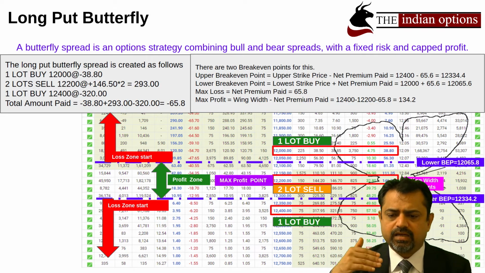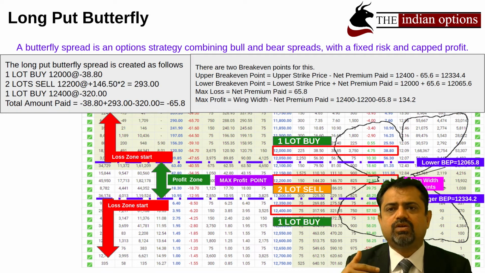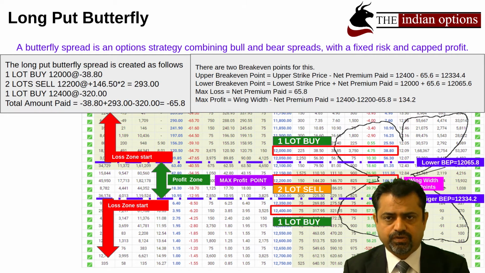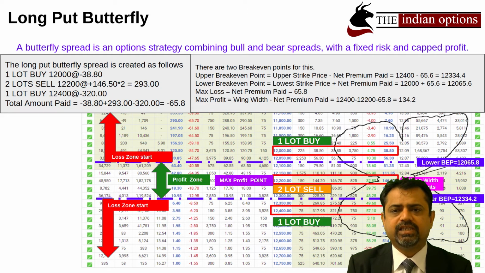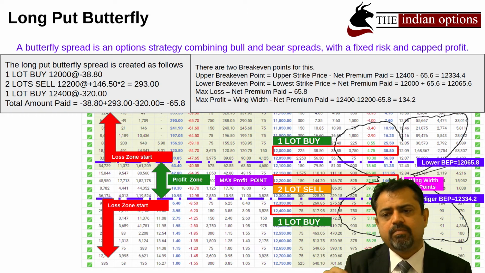And again I am buying one lot of 12,400, so I have to pay 320 rupees. Okay, so your maximum loss is going to be 65 rupees and 80 paise here, and the maximum profit is going to be the wing width, that is 200 minus 65.8, that becomes 134.20. So that is going to be your maximum profit.